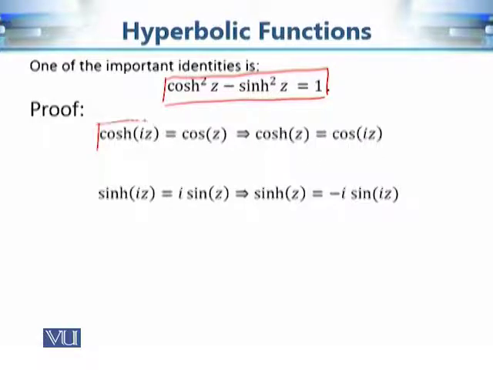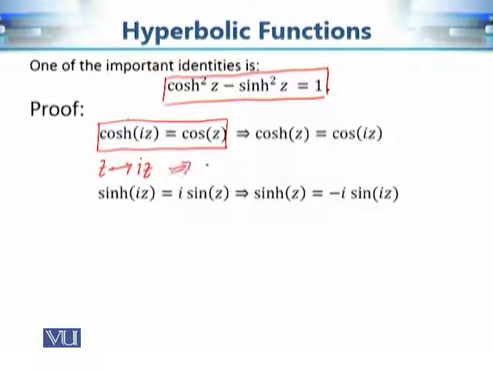Now we have proved that cosine hyperbolic iota z is equal to cosine z. Okay, so which definitely implies, so if we just replace z with iota z, so what do we get?